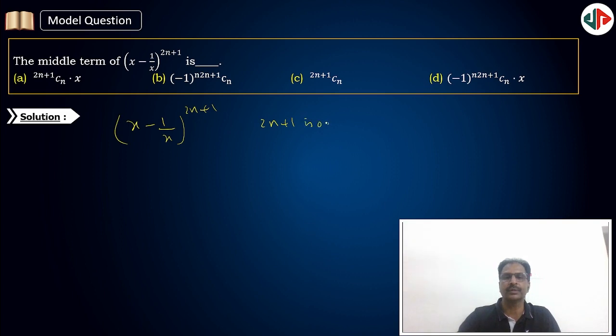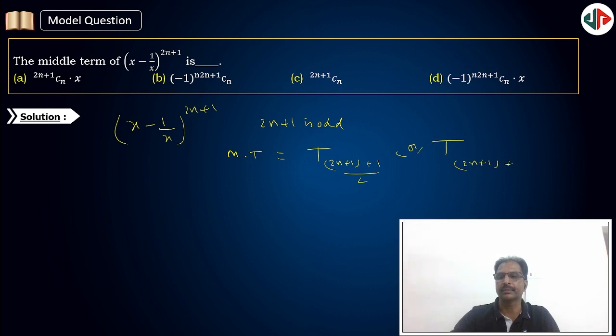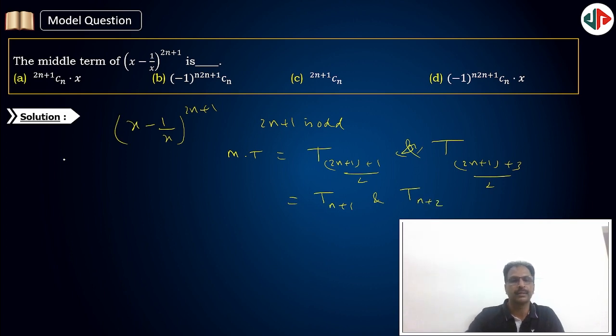When the index is odd, the middle terms will be T((n+1)/2)... or T((n+3)/2), which means there will be two middle terms. So this is T(n+1) and another one is T(n+2), out of which one will be given.